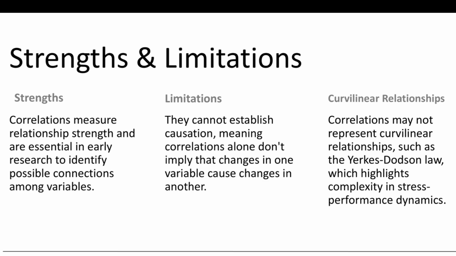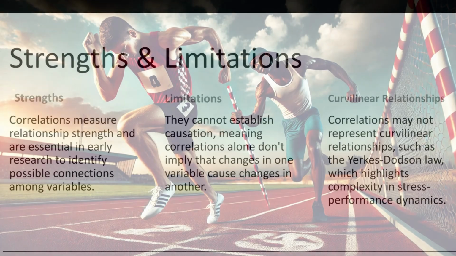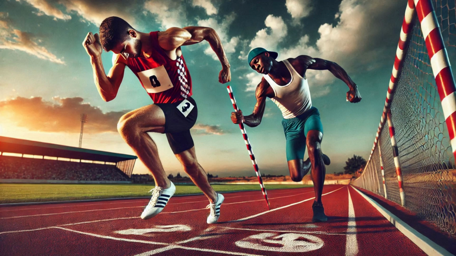You might be familiar with this if you study sports psychology or psychopathology or stress, the Yerkes-Dodson law, the inverted U, the idea that stress can improve our performance up to a point, but then if we get too stressed, it goes off the other end. If you try to analyze that sort of relationship with a correlation, you'll get a complete nonsense answer because they're just not designed to measure those curvilinear relationships where something at first goes up and then comes down.